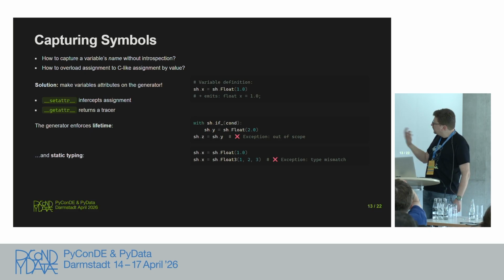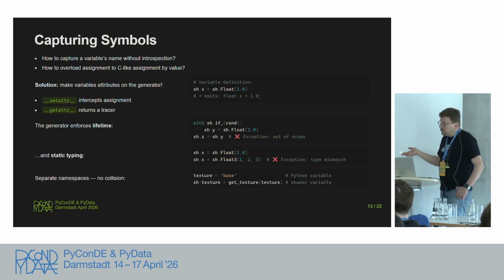Things like lifetime management and static typing. In Python, you can just point X to a different object, right? But in C, you cannot change the type of a variable after it's been initialized.